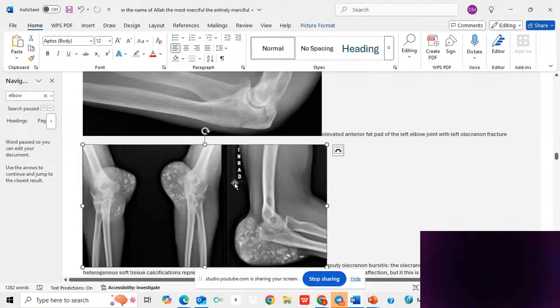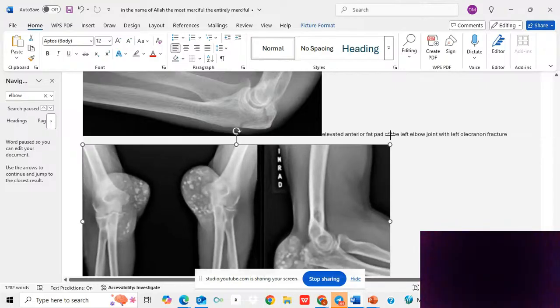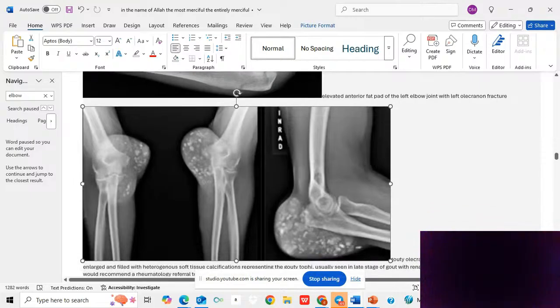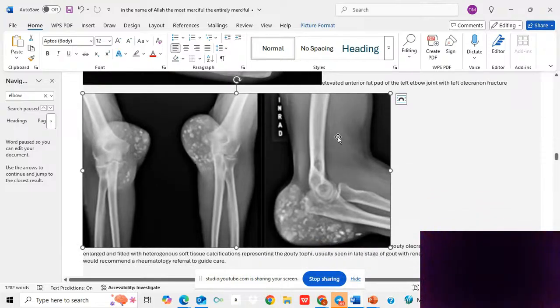So let's start with this image. I know it's not a fracture, but I just want you to see the anterior fat pad and the posterior fat pad of the elbow joint.